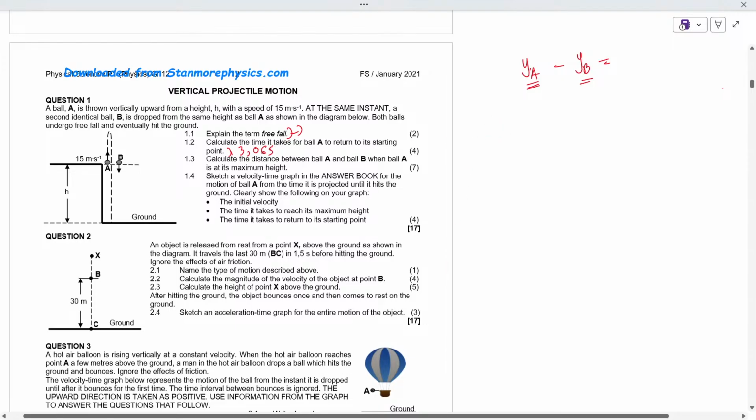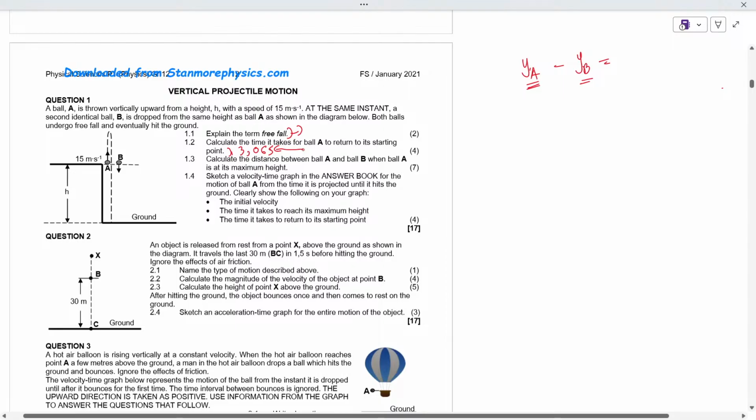So we got the time it takes for it to return. In physics, you must always check whether the question on top is related to the question on the bottom. So do you see any relation between questions 1.2 and 1.3?